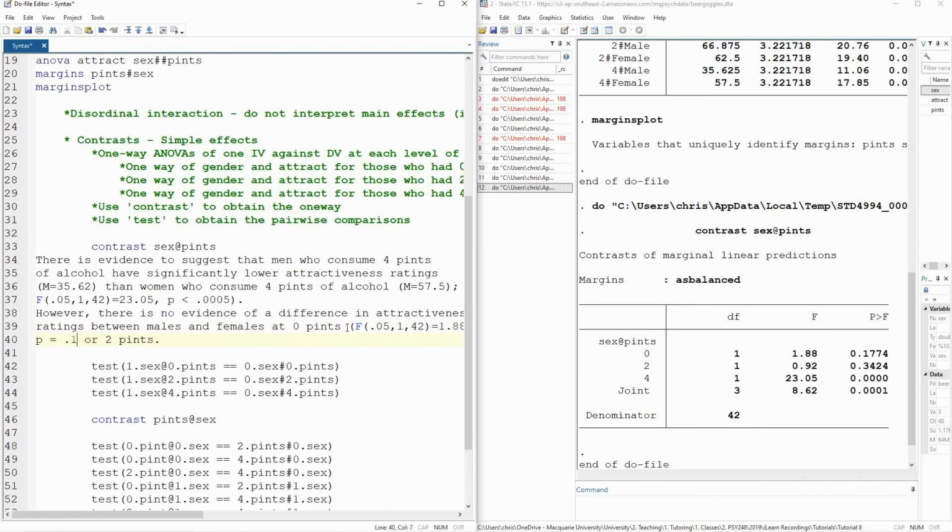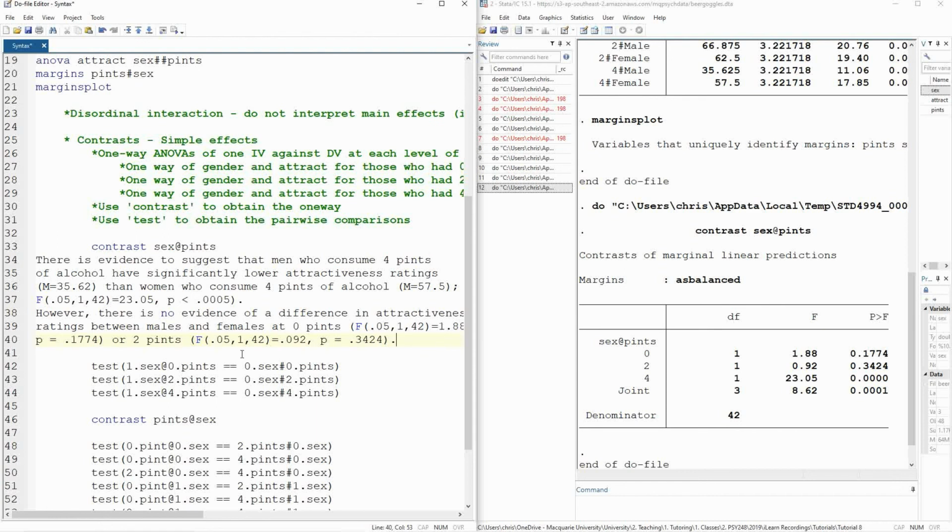P equals 0.1774, for 2 pints, and then I would do it again. F of 0.05, 1 and 42 equals 0.092, P equals 0.3424. If I was writing this up in strict APA, my p-values would be reported to 3 decimal places.